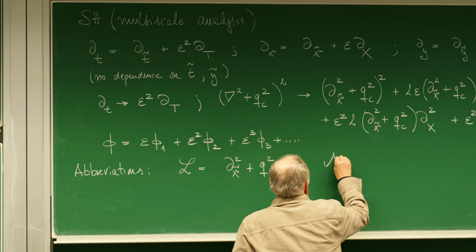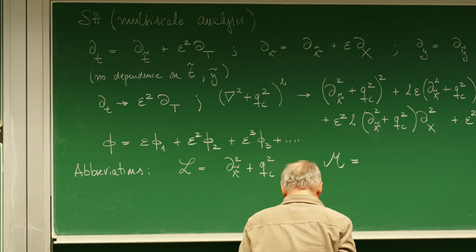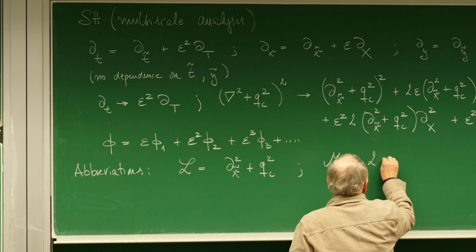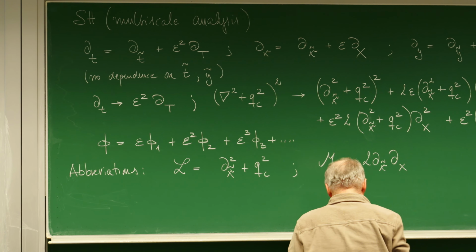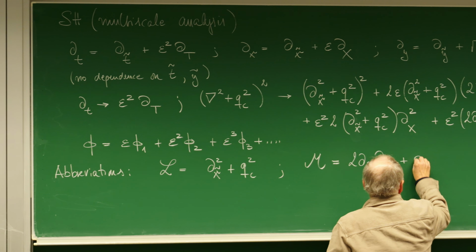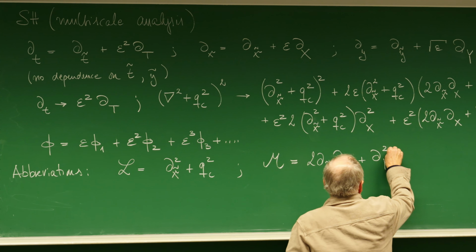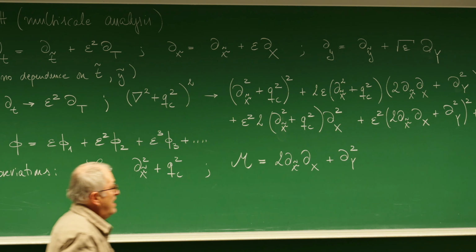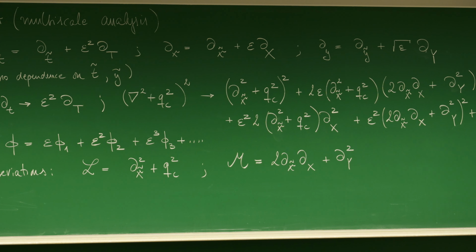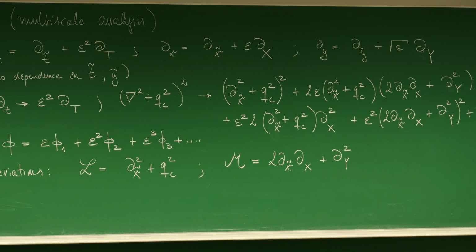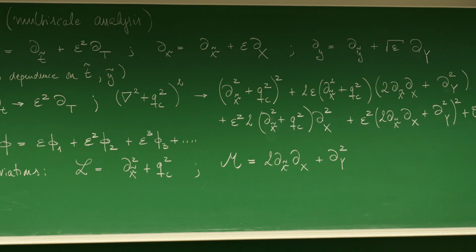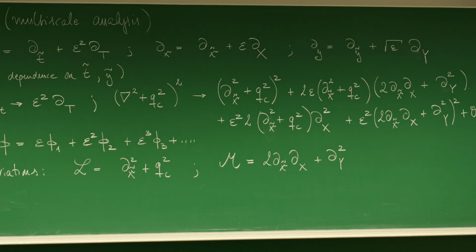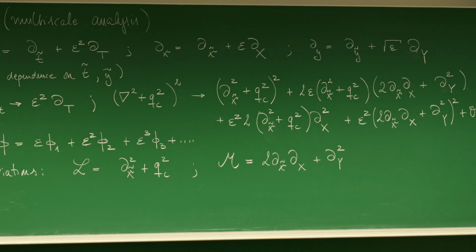And I have another one that I call M. And this M is 2 dx dX plus dy squared. And if you just compare my abbreviations with what you have in the middle row of equations, you see these two operators, they appear naturally in the expansions.